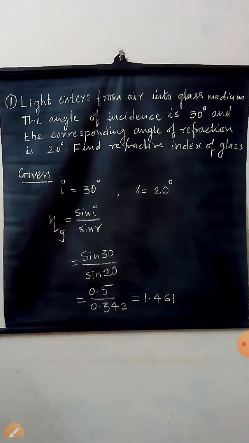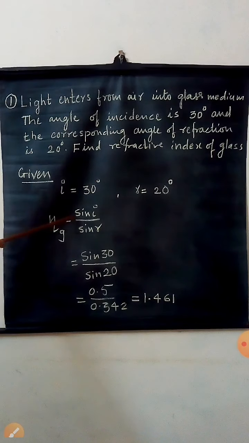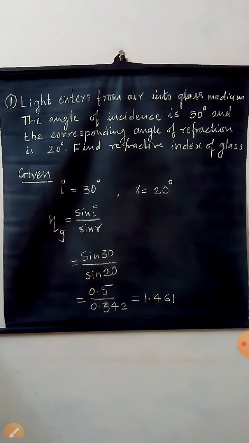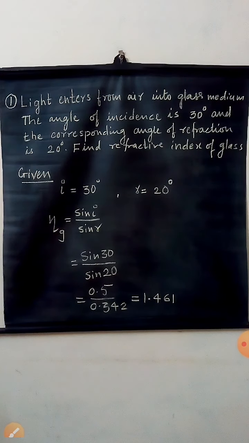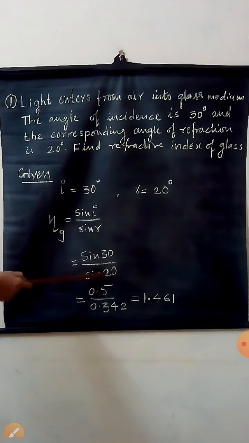Now to calculate refractive index of glass, formula for refractive index eta is equal to sin I by sin R using Snell's law. Refractive index of glass, I have denoted over here as eta G. Substituting the values of I and R, this will give you sine of 30 upon sine of 20.